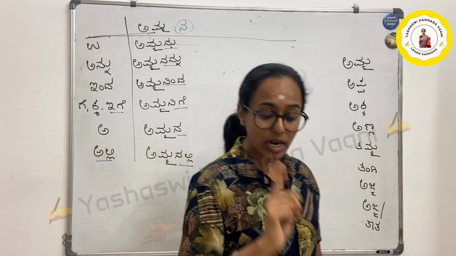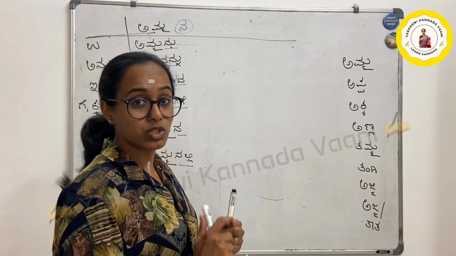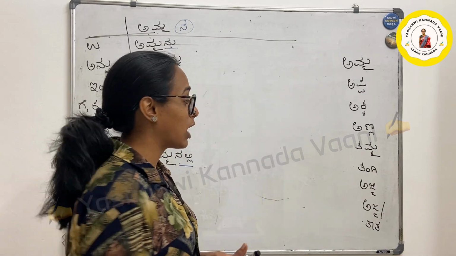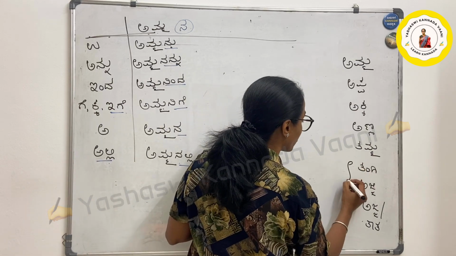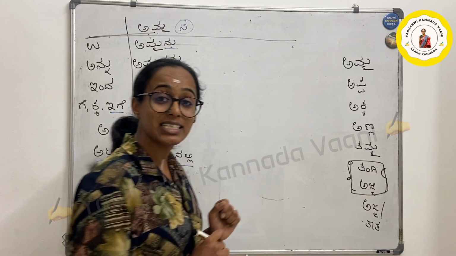Okay na? So try similarly for akka, anna, tamma also. And you can also try for ajja. But these two will change: ajji and tangi will change. Why will it change?